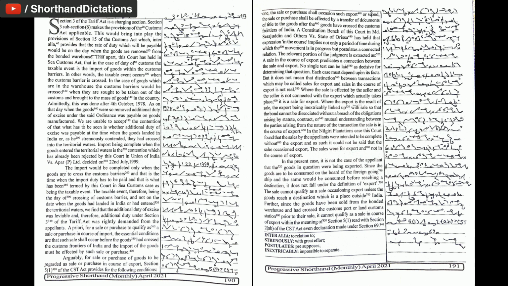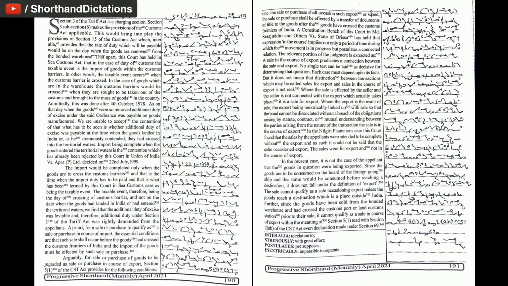A priori, for a sale or purchase to qualify as a sale or purchase in course of import, the essential conditions are that such sale shall occur before the goods have crossed the customs frontiers of India, and the import of the goods must be effected by such sale or purchase.